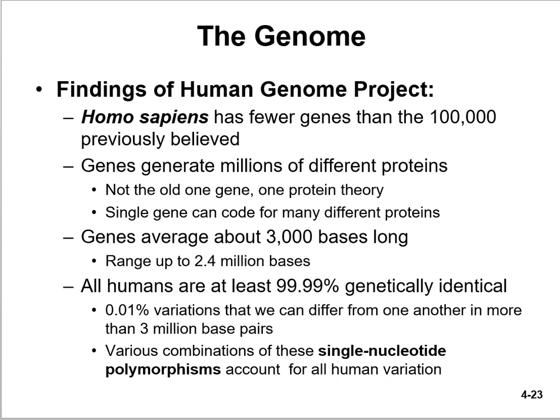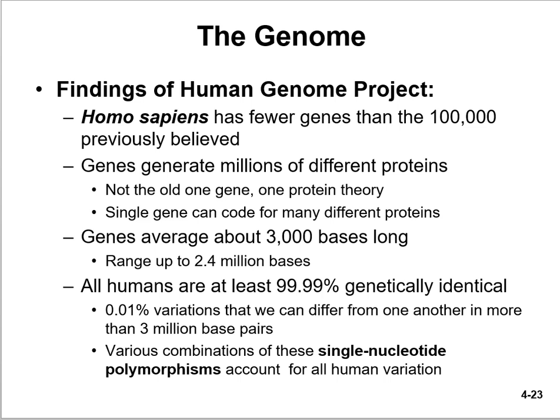Genes average about 3,000 bases long and can range up to 2.4 million bases long. All humans are about 99.99% genetically identical. That's because we evolved from a common ancestor not very long ago, so there hasn't been a lot of time for a lot of differences to build up.